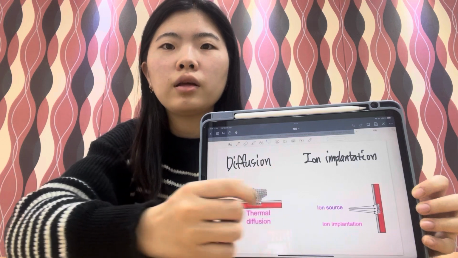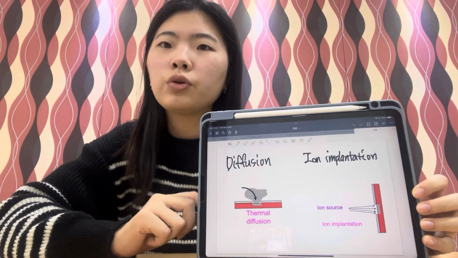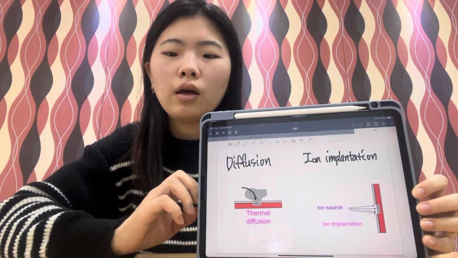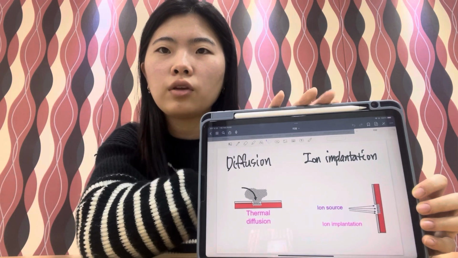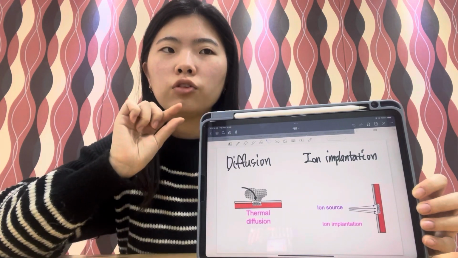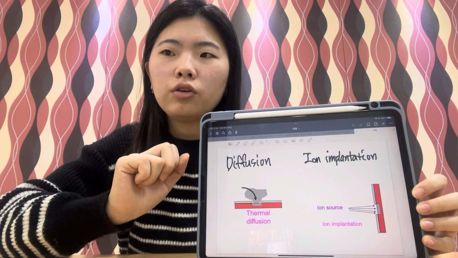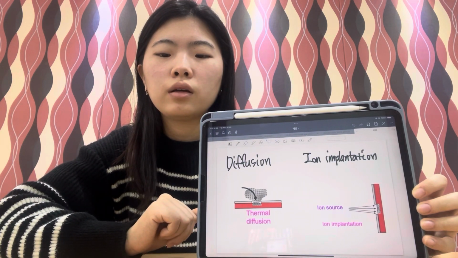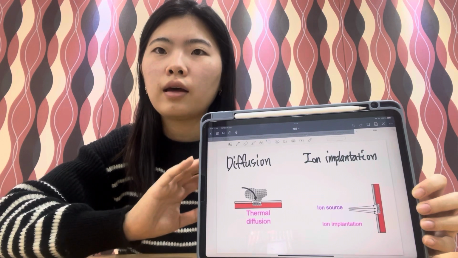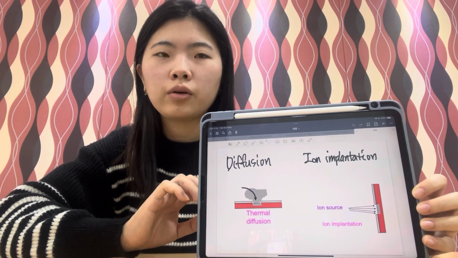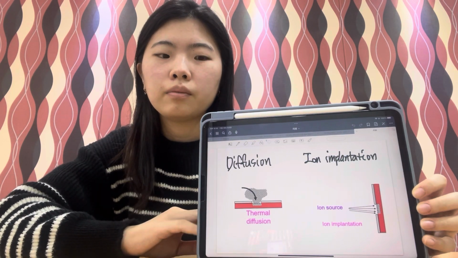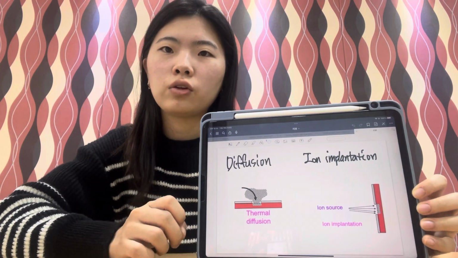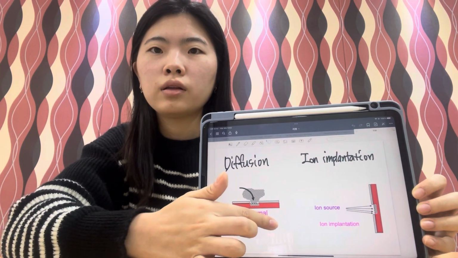And ion implantation also uses heat. However, that way uses heat only for a short time. So it has positive things compared to diffusion. So let's talk about more after.